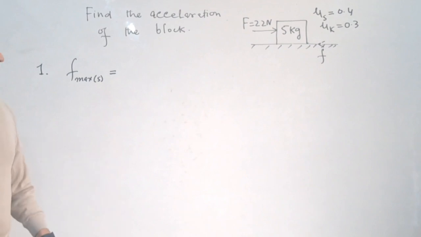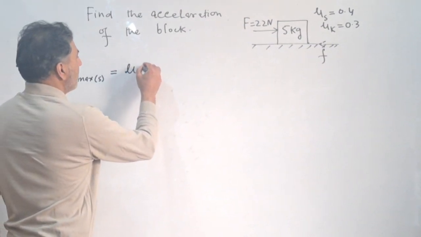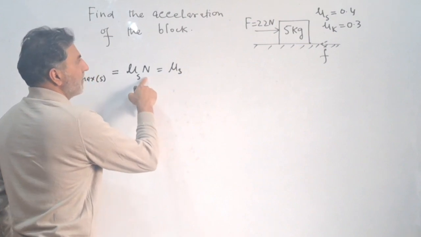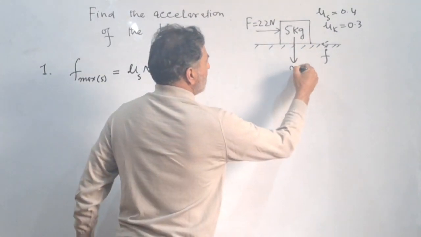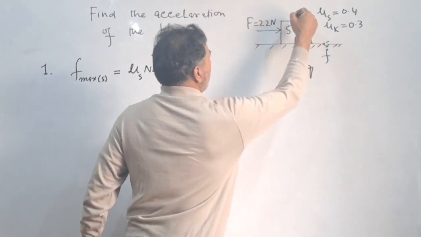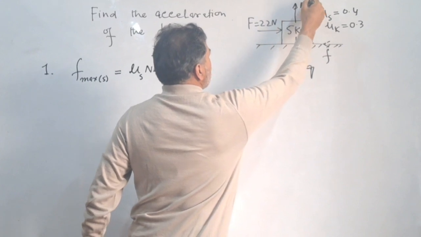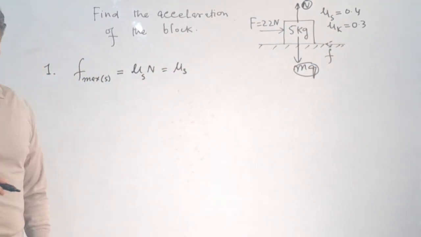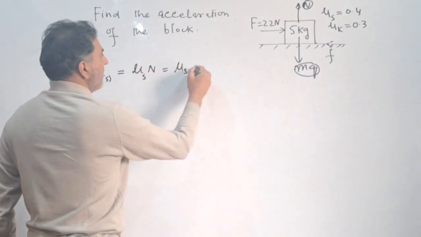So how will we find it? You have the formula mu n, mu s n, and that is mu s. What is n? mg is the downward gravitational force and the normal reaction is upwards like this. So this normal reaction is mg because the body does not have vertical motion. So n is mg.